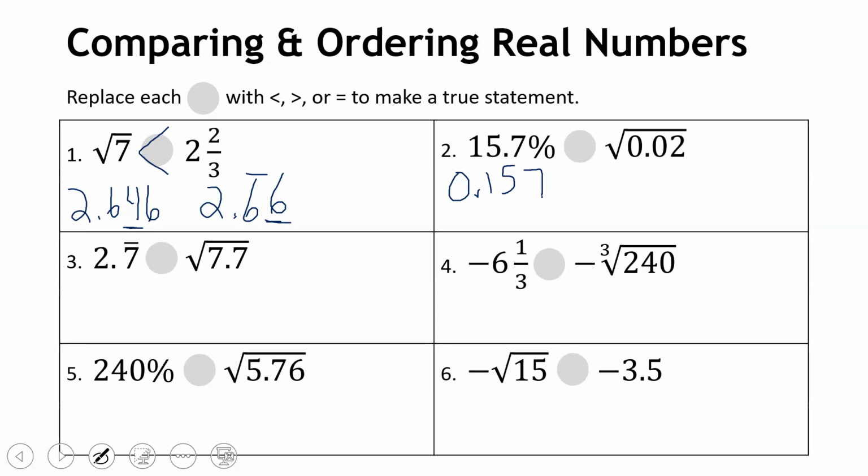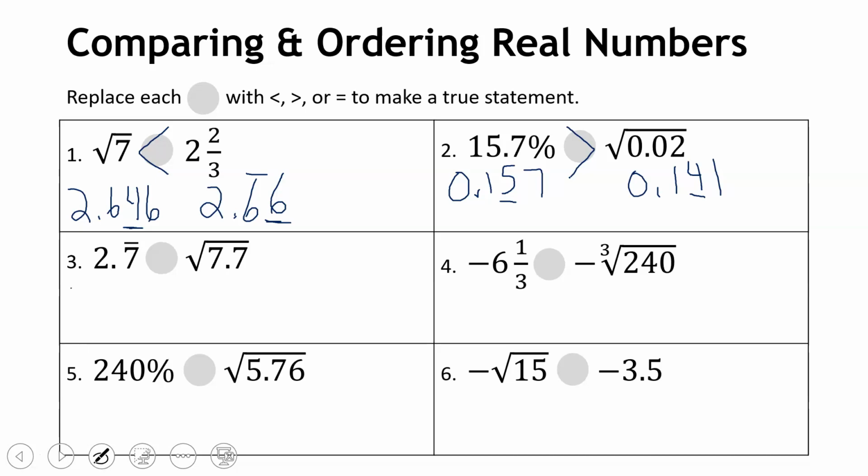When we do that, we will be rounding to the nearest thousandths, and we have 141 thousandths. The tenths place has a 1 in both, but when we look at the hundredths place, we're comparing the 5 to the 4. 5 is greater than 4, so our symbol is greater than. 15.7% is greater than the square root of 200ths.